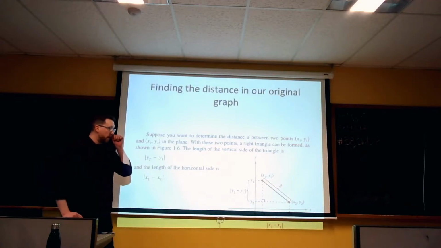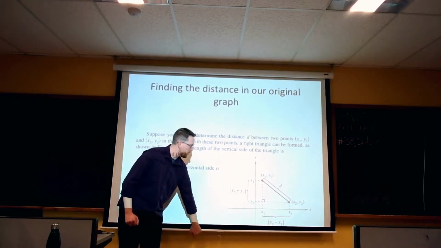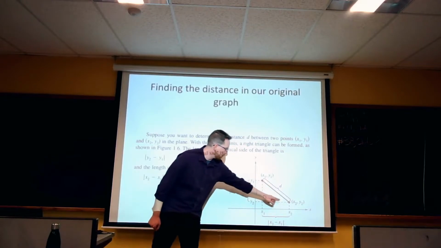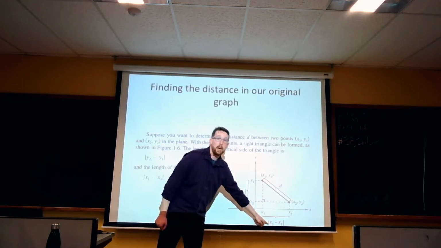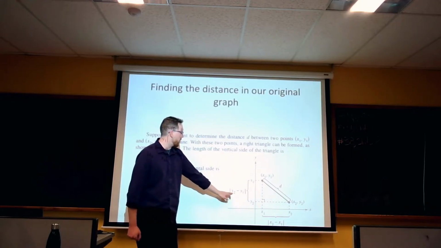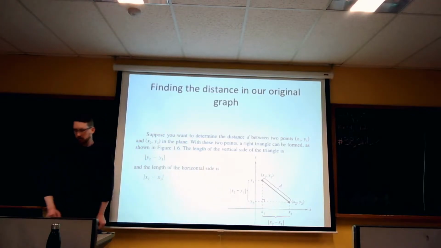So to reiterate what I was just saying, this length here is going to be the absolute value of x2 minus x1. This length here is going to be the absolute value of y2 minus y1, the difference between those points, right?